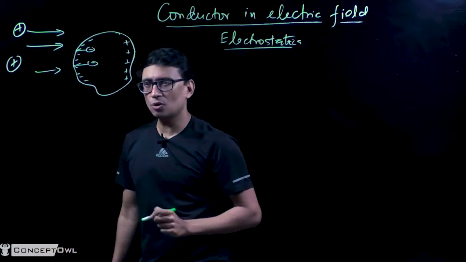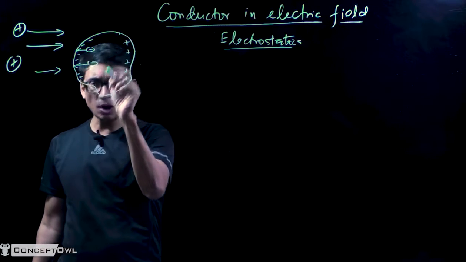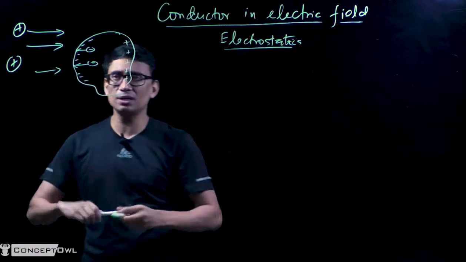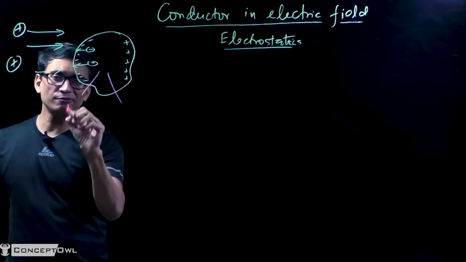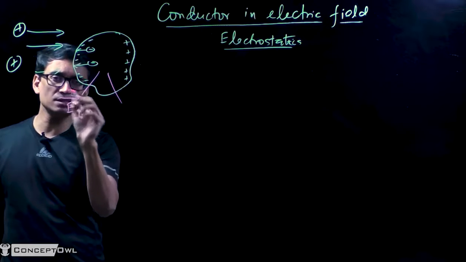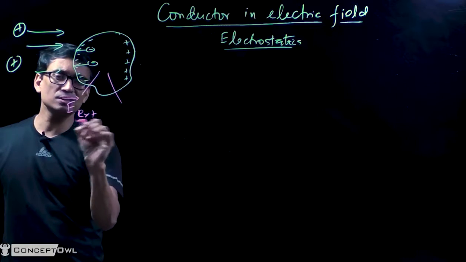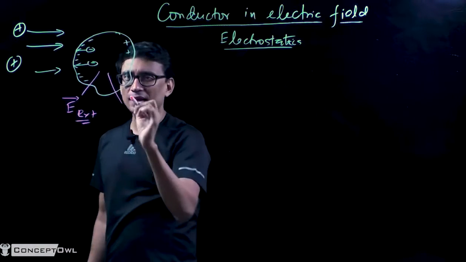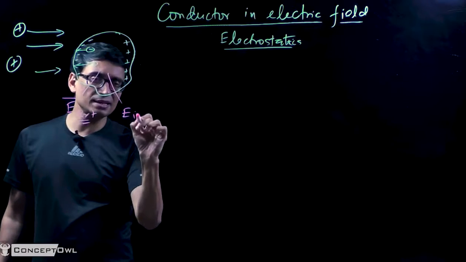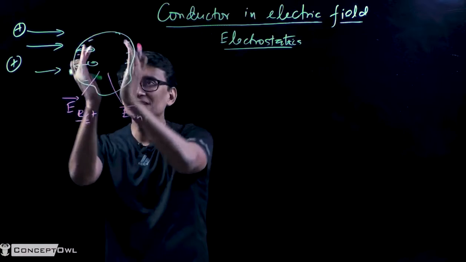Now if you look at the field inside, there will be two components. There will be one field, let's call it E external. This is the field caused by all the charges and everything outside. And there will be one electric field, E internal, which is the electric field caused by these charges.